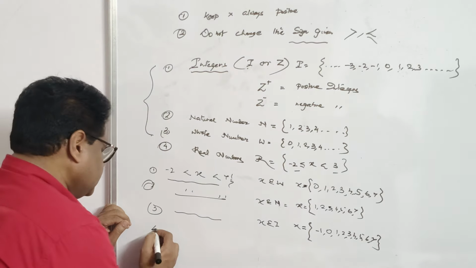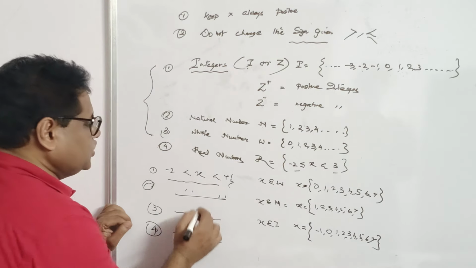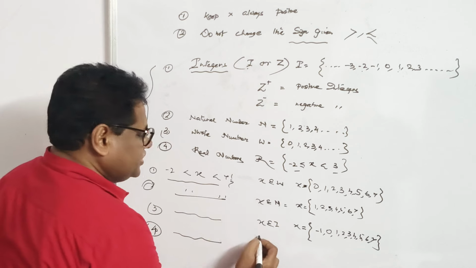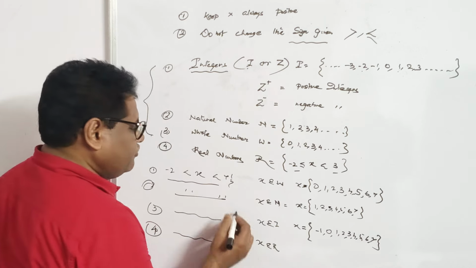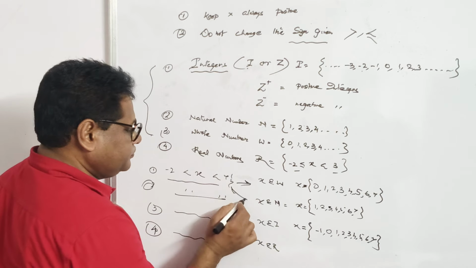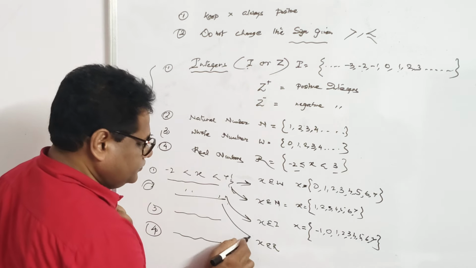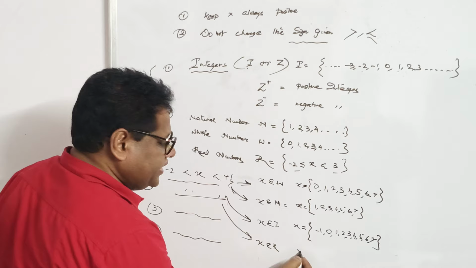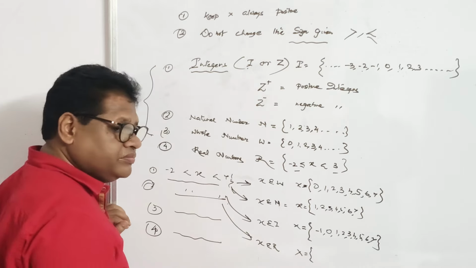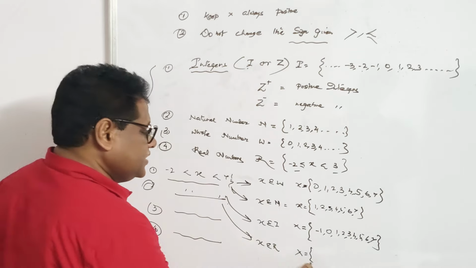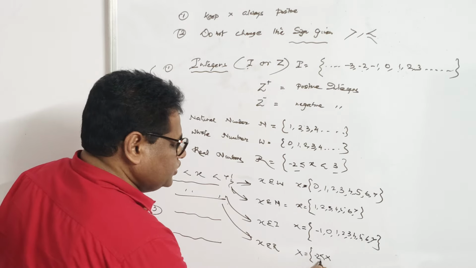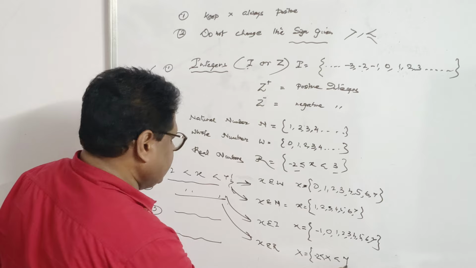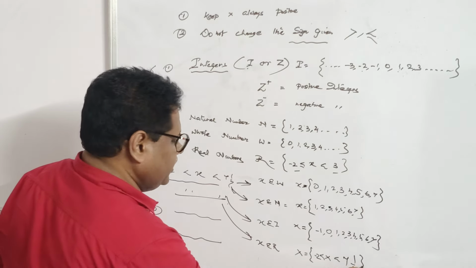But suppose the same statement holds true for the real numbers, suppose the replacement set is x belongs to R, then we cannot write the truth set for this. We have to leave it as it is. That means x is greater than minus 2, less than 7 1/7.